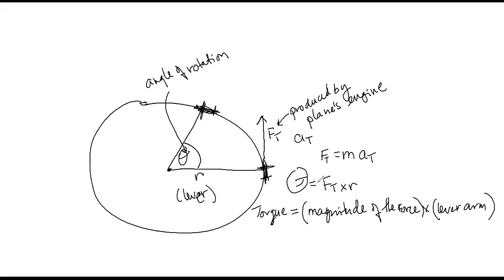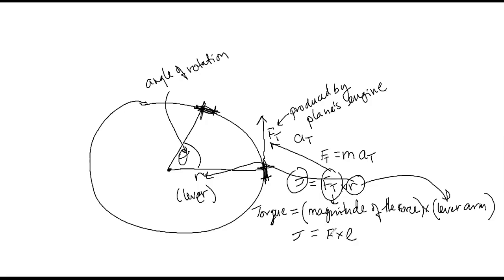And you got both in here. You got this F sub t right here, and you got the lever arm, which is right here. So you got torque going on. The mathematical expression for torque is nothing else than F times L, where F is the F sub t in this case, and L is the length of the lever arm.